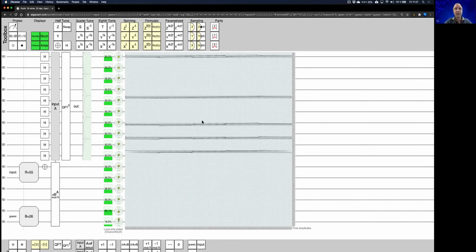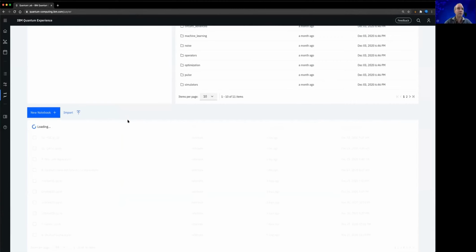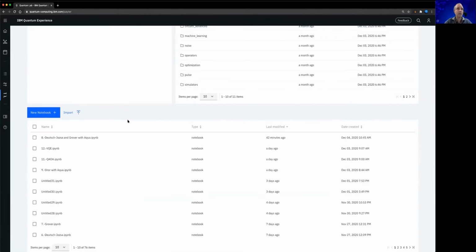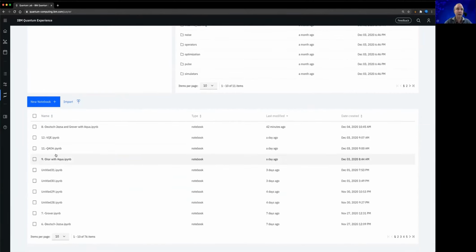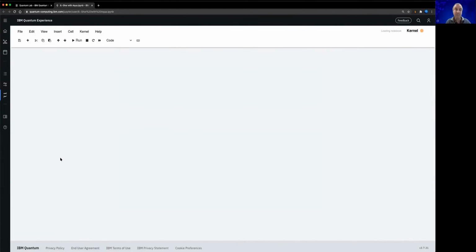with Qiskit. So let me go back to my browser with the IBM Quantum Experience, and here I have prepared this notebook with Shor's algorithm implemented in Aqua. Again, this is something that we do not need to specify at the level of circuits.